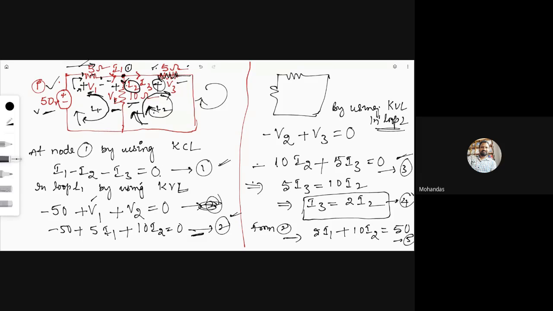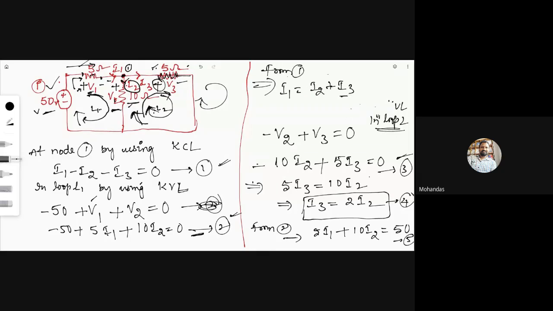Now from equation 1 implies I1 equal to I2 plus I3.